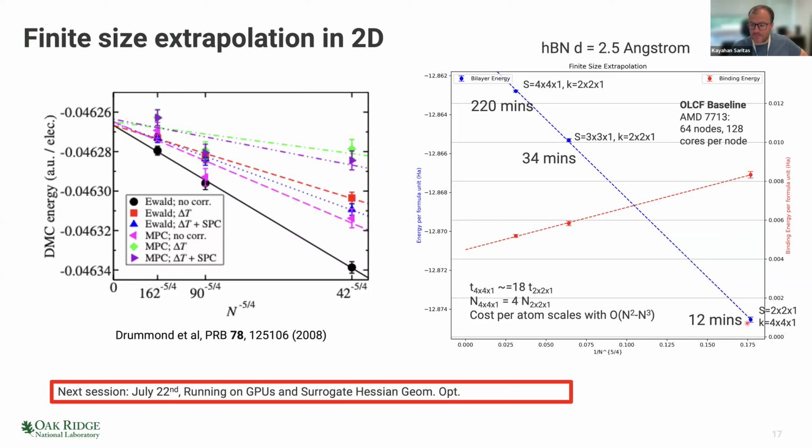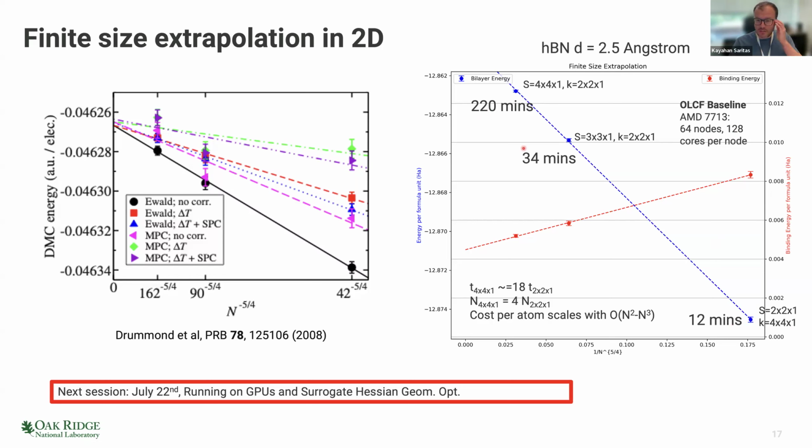This 2x2x1 supercell with the 4x4x1 twist grid took only 12 minutes to calculate, but the largest supercell with the 4x4x1 grid needed 220 minutes.